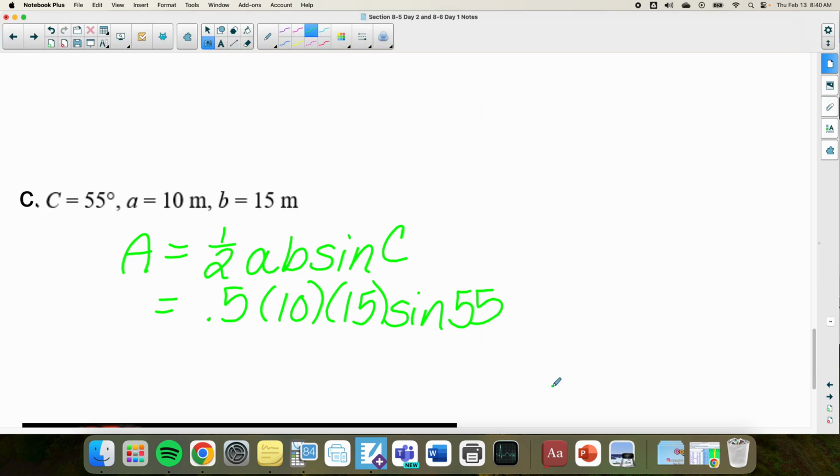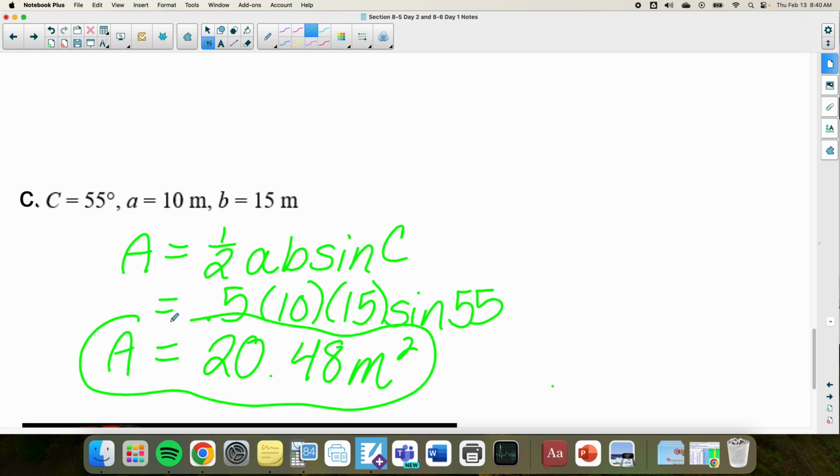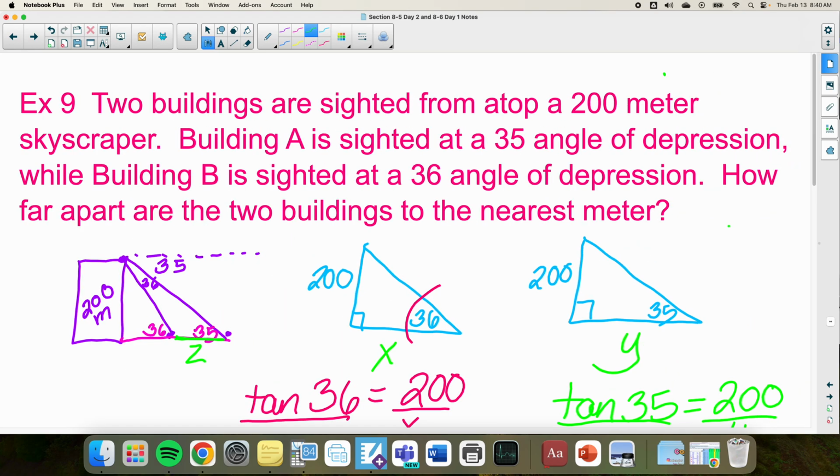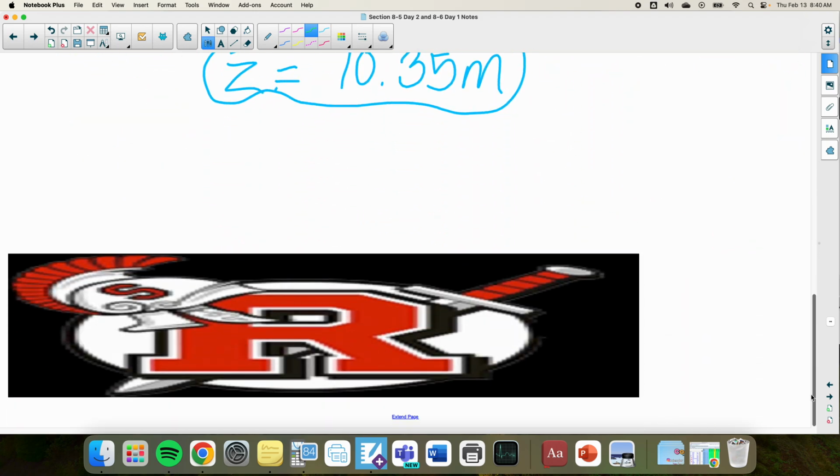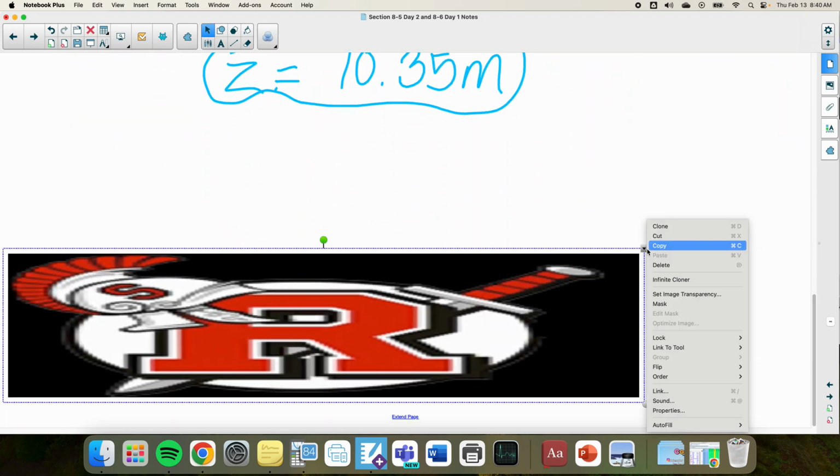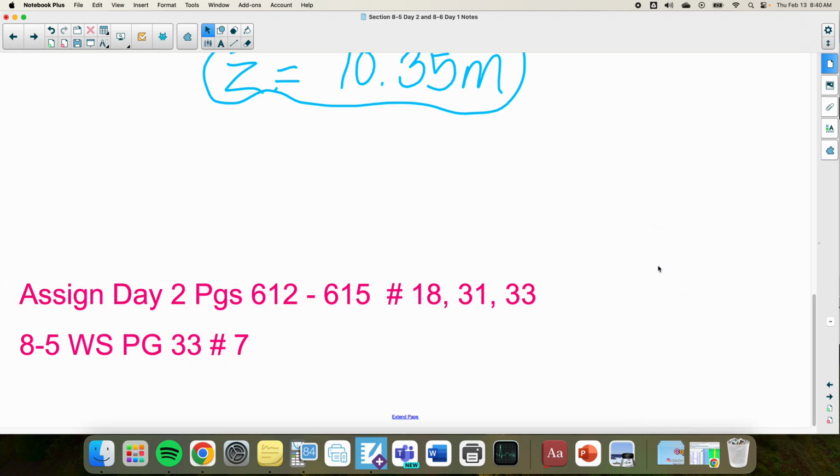Okay. All right. So for your assignment today, you're going to have two shorter assignments. I'm going to go back to this page and give you the one on this first. There's a worksheet.